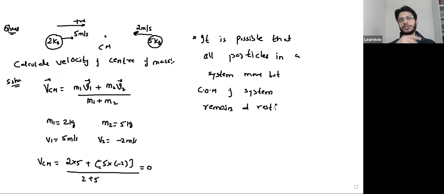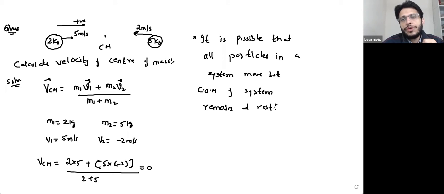So from this statement, you can conclude that some force is acting over the individual masses, which is basically forcing these individual particles to move. But the net force on the center of mass is 0, due to which center of mass is not moving, center of mass is at rest. So it's always possible that individual particles are in motion, but center of mass is at rest. This happens in many problems. We'll come to some real life problems.